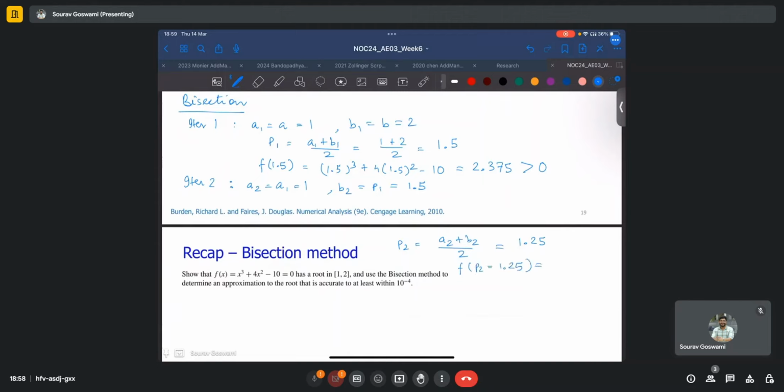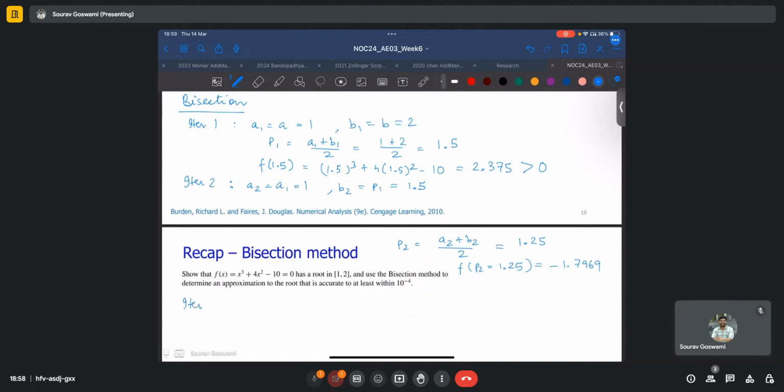I'll just use the calculator directly. So this will be 1.25 cube plus 4 into 1.25 square minus 10, which comes out to be negative 1.7969.